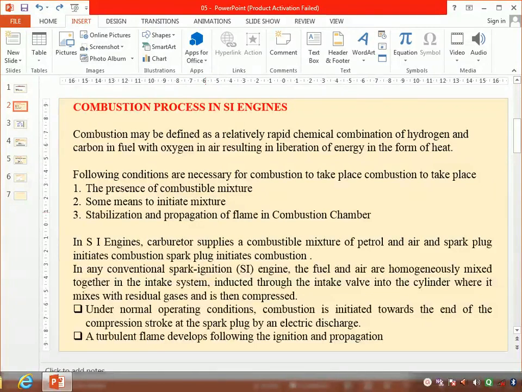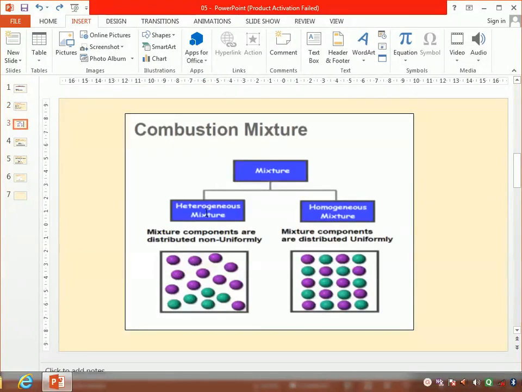So this is simply combustion. Here the mixture is heterogeneous for a CI engine, and homogeneous for a carburetor engine. Nowadays the carburetor is also replaced by an injection system in SI engines, but here we discuss the carburetor engine, considering the mixture is homogeneous.